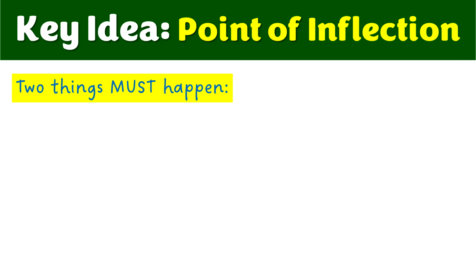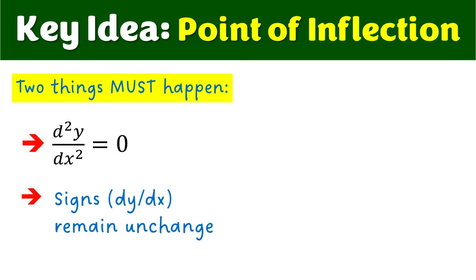So the key idea here is this. For a point to be a point of inflection, two things must happen. First, the second derivative is 0. And second, the signs for the dy/dx must remain unchanged, just like what we have seen in the very first example.